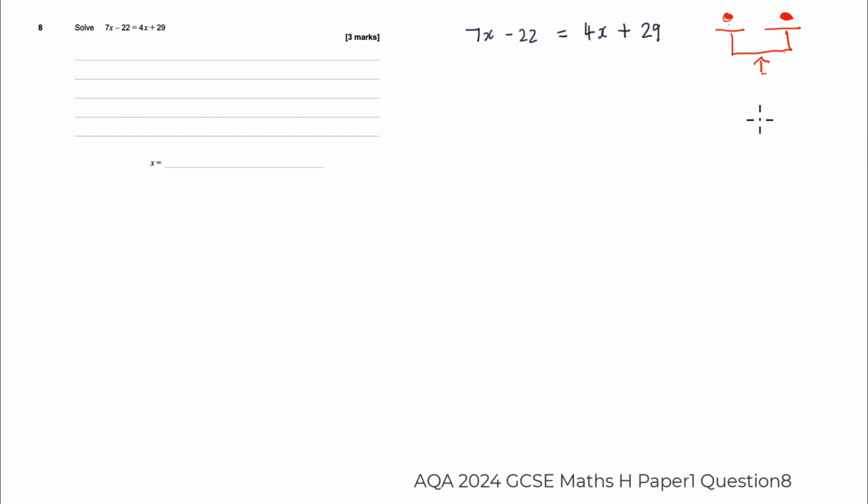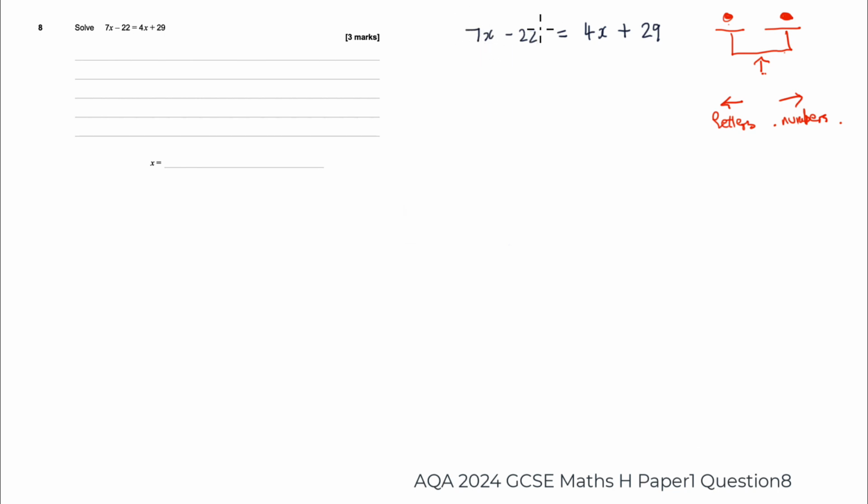And the general aim is to get letters on the left and numbers on the right. So keep that in mind. So we'll look at this and say, well, okay, we've got letters. There's 7 lots of x on the left.